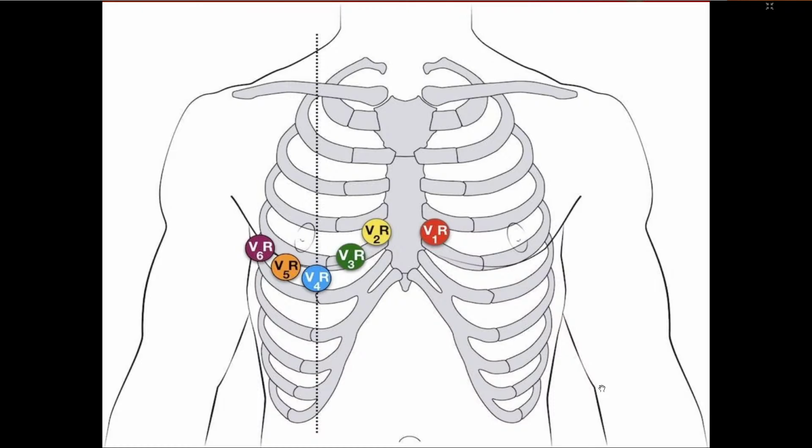V3R and V4R are more important for diagnosing right ventricular infarction. V1 and V2 also record some part of the right ventricle, but the majority of the right ventricle is outside the recording area of V1, V2. That is why you need V3R, V4R.